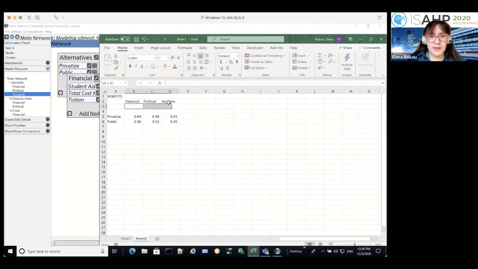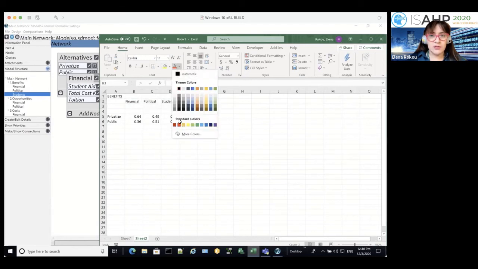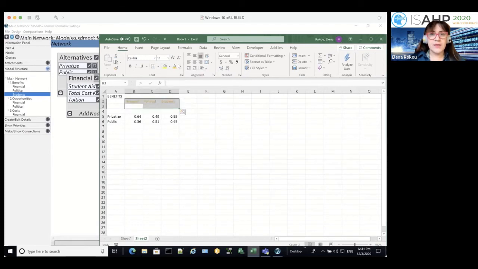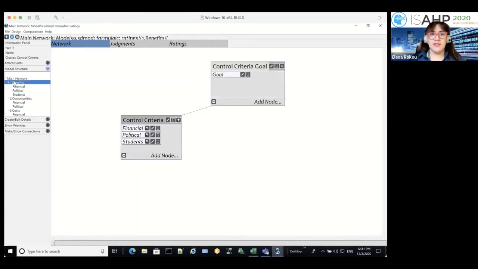Now, what I'm missing are the values that I'm going to put over here, which will be the weights of my financial, political, and student control criteria. How am I going to get those? I'll go back to the benefits level over here, and instead of synthesizing, I'm going to judgments.